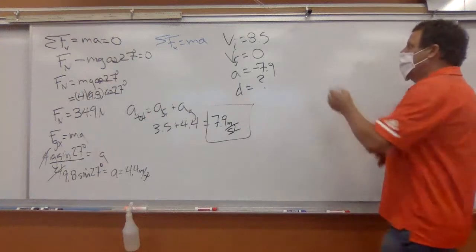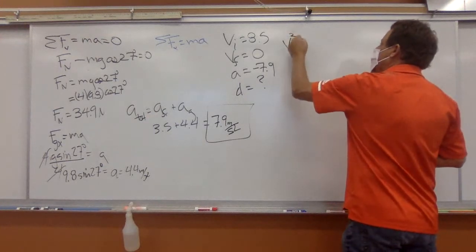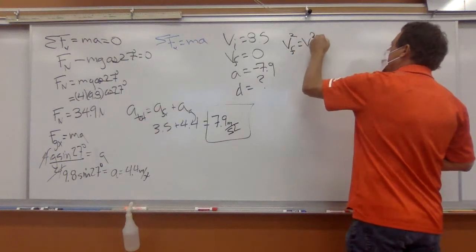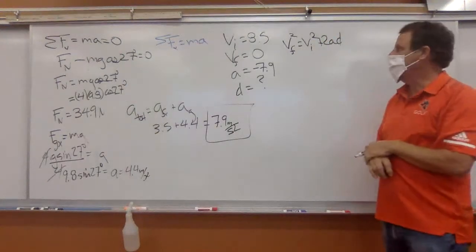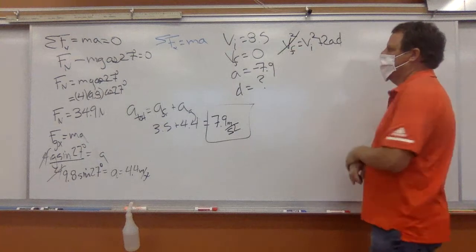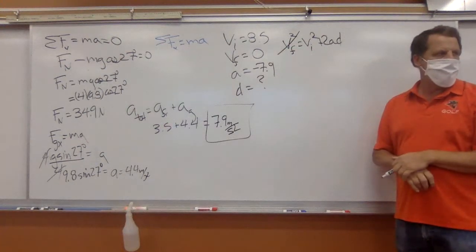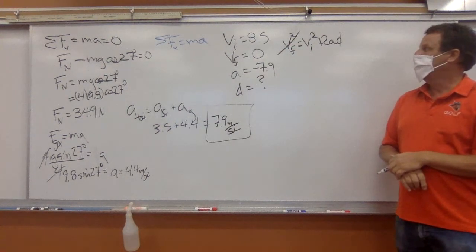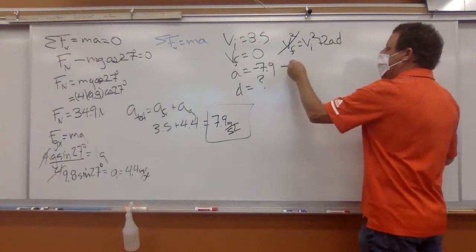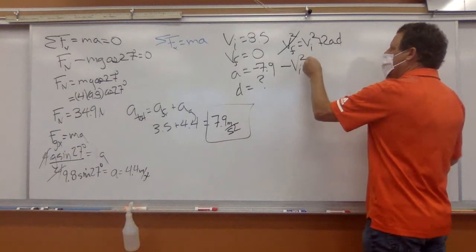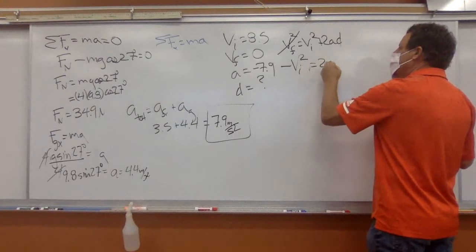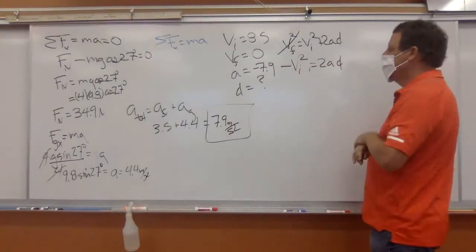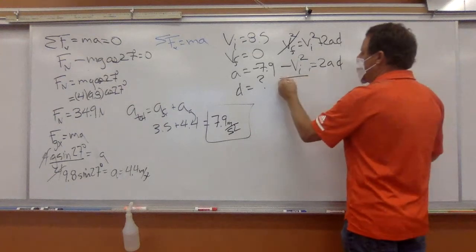Again, we're going to use kinematic equation number 4: V final squared is equal to V initial squared plus 2AD. Our final velocity is 0, so we have negative V initial squared equal to 2AD.